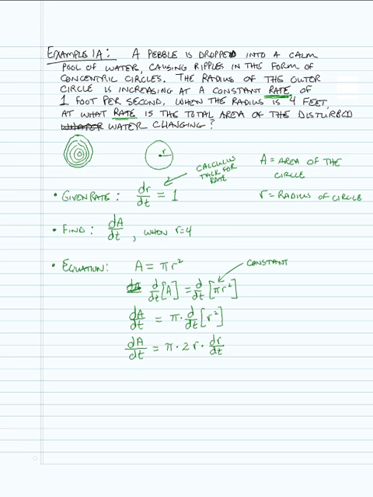That's the derivative of r with respect to t. That's basically the chain rule, or the general power rule in this situation. So let's rewrite that just a bit. We have the derivative of A with respect to t is equal to pi times 2r, or 2 pi r, times dr/dt.